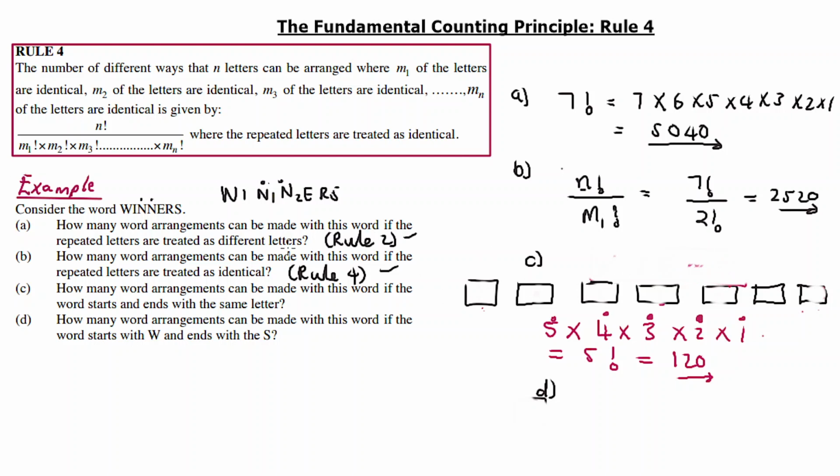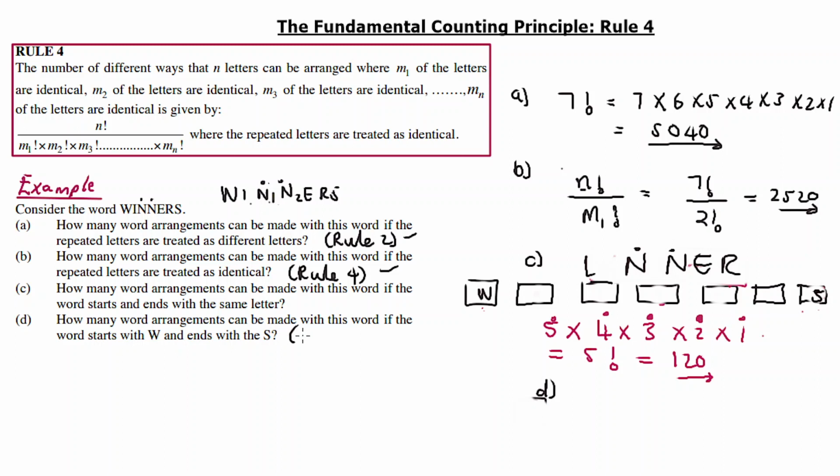Okay, look now. We start with W, we end with S. Then we are left with INNER. So therefore we apply rule number 4, because we have repeated letters N and N.